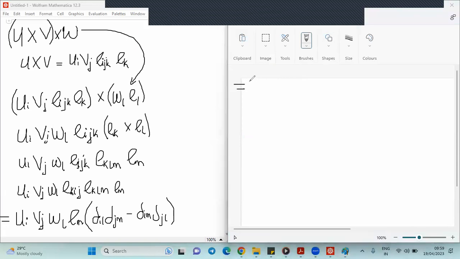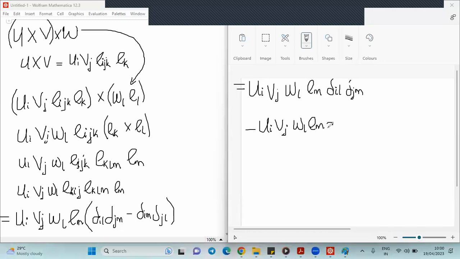So this is equal to UI VJ WL EM Kronecker delta IL Kronecker delta JM minus UI VJ WL EM Kronecker delta IM and Kronecker delta JL. This is a minus sign, so it's the one at the top minus the one at the bottom. All I did was to expand what's in the brackets. That's all.